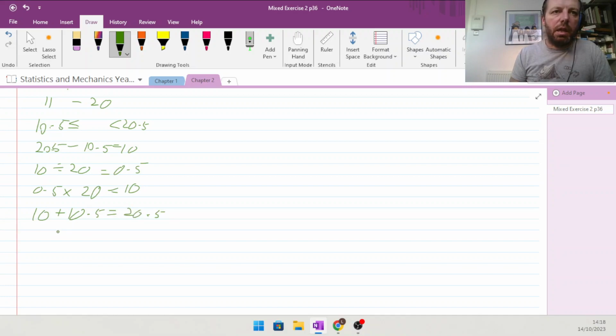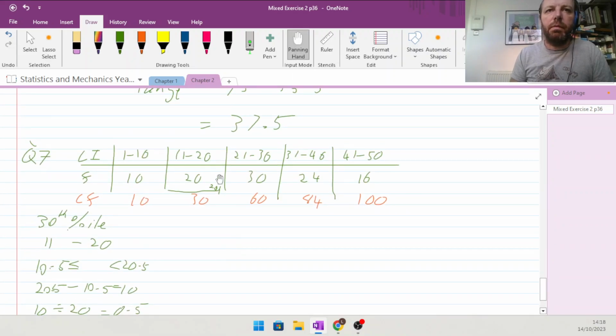So the 30th percentile is equal to 20.5, because it lands on there. Good.